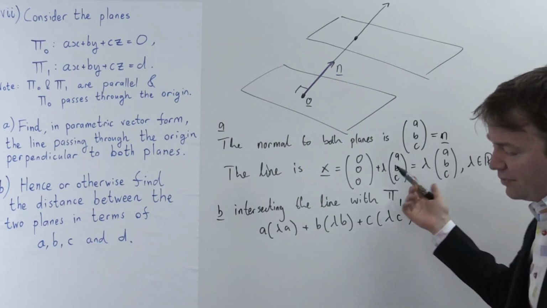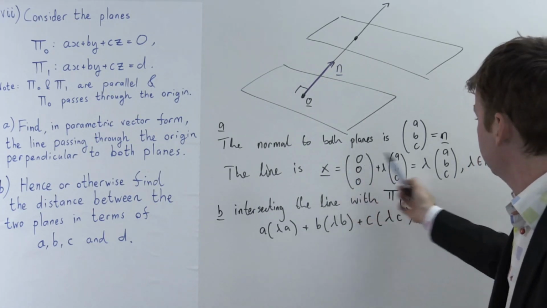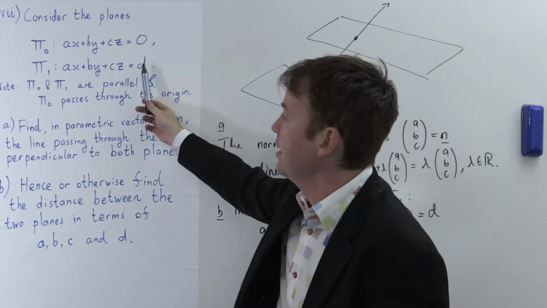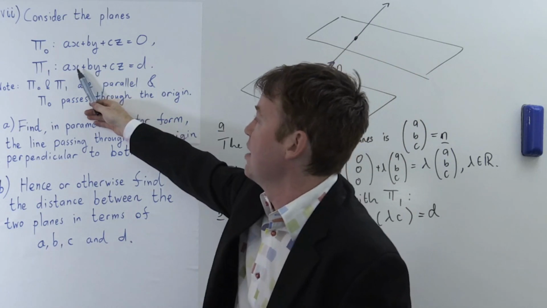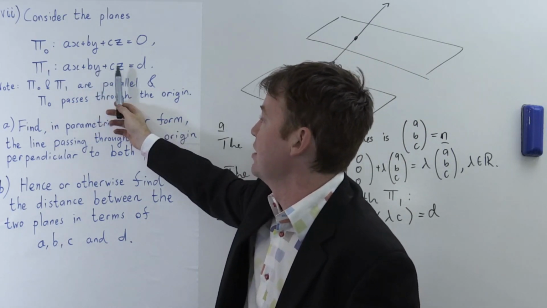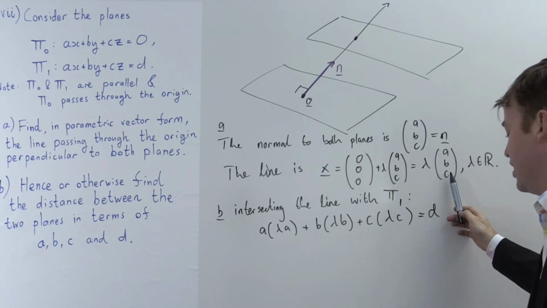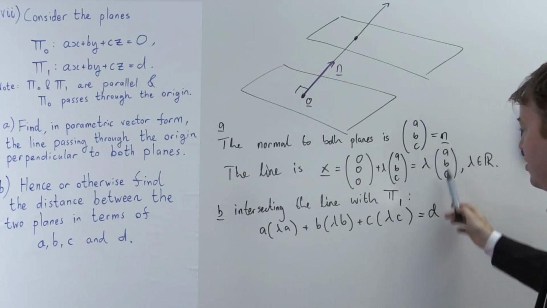I should explain this. This point is on the line, and if it is simultaneously on this plane, then x is lambda times a, y is lambda times b, z is lambda times c, just by the equation of the line.